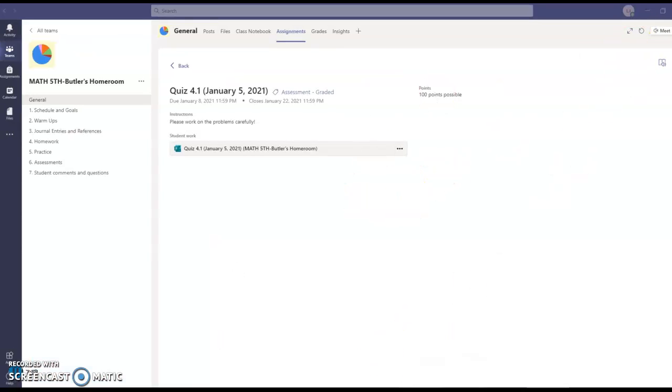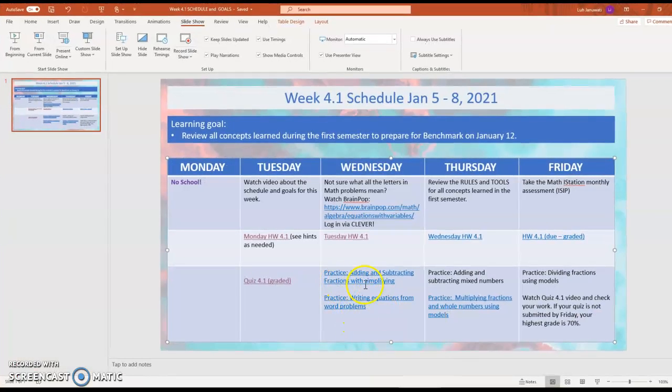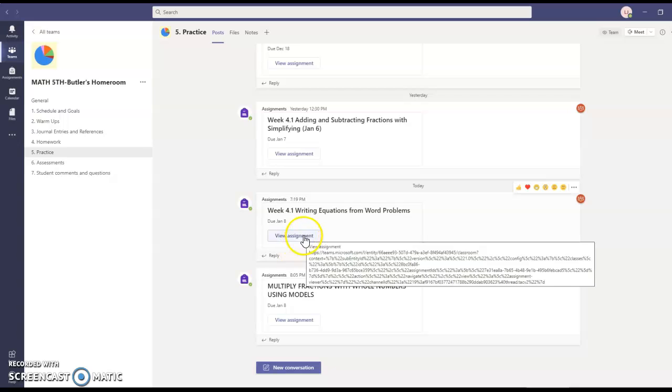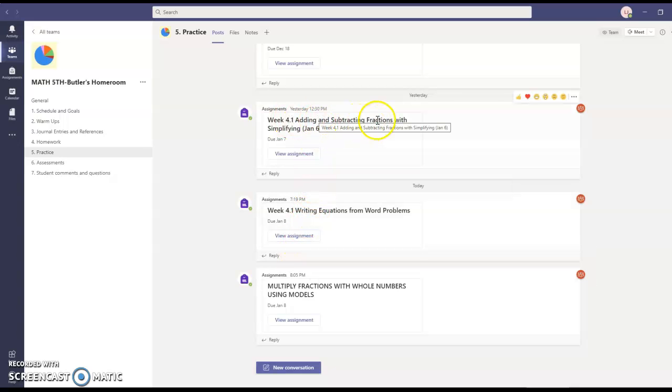Okay, let's go back here. And this is adding and subtracting fractions with simplifying. And then the next practice is writing equations from word problems and multiplying fractions with whole numbers using models.